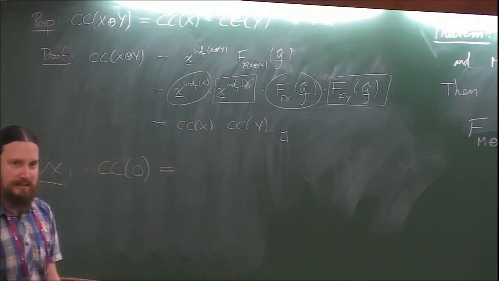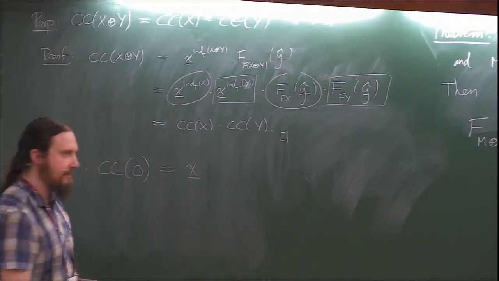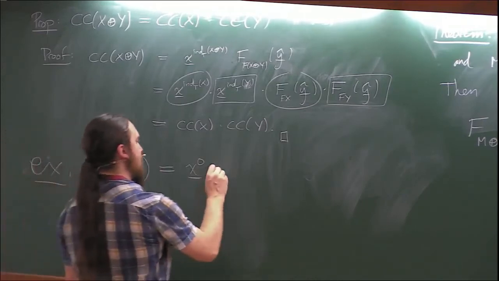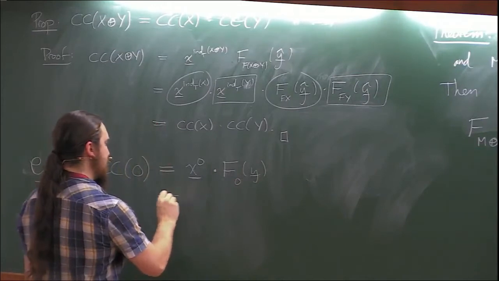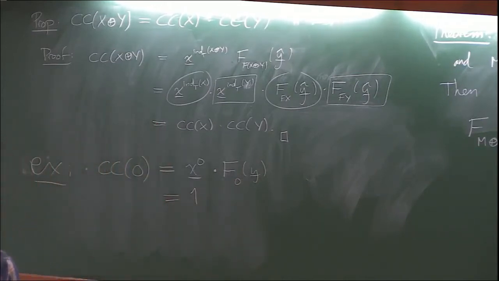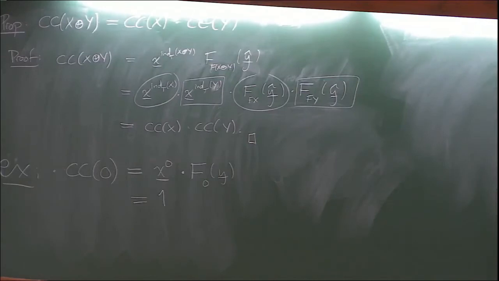We know that the index of the zero object is 0, and we know that the F-polynomial of the zero object is 1. That's 1. Let's do a slightly less stupid example.